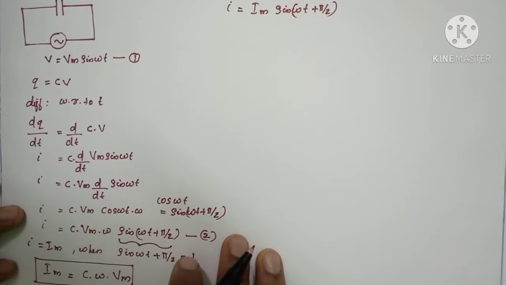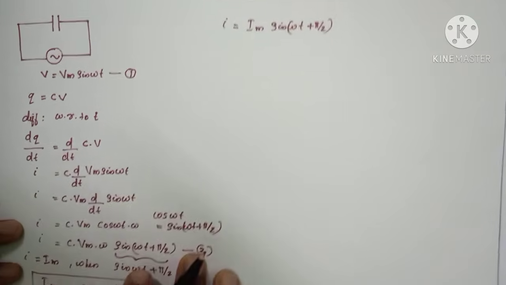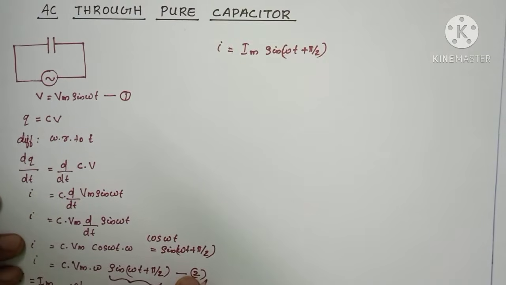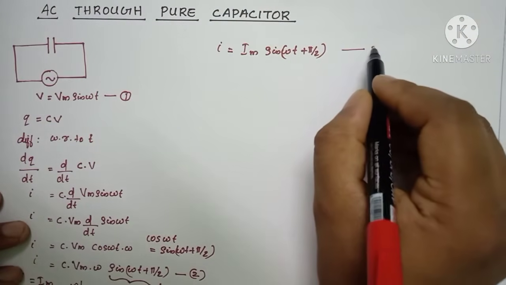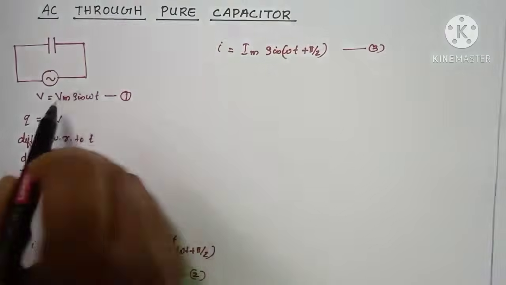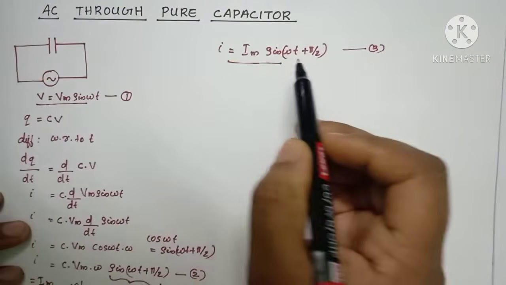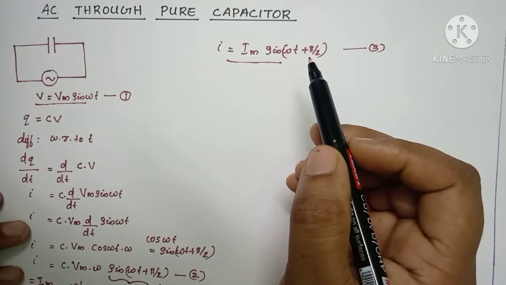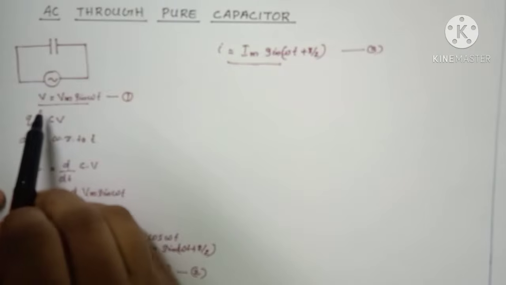Put the value of Im in this equation instead of C Vm into omega. We will get the equation for the instantaneous value of current like this, and it can be equation number 3.